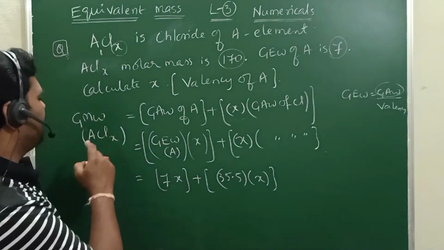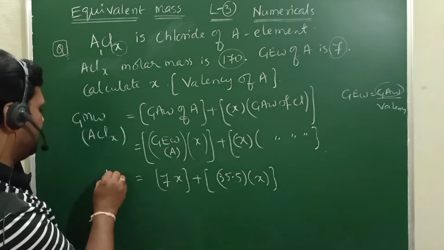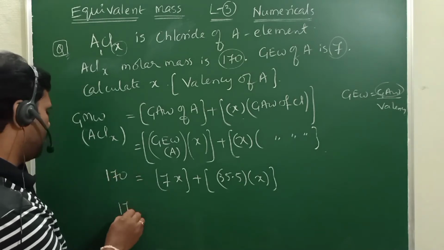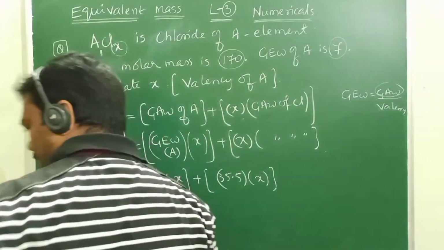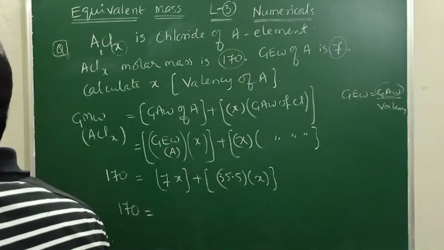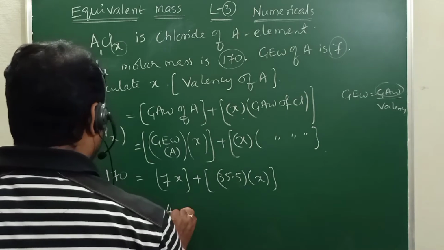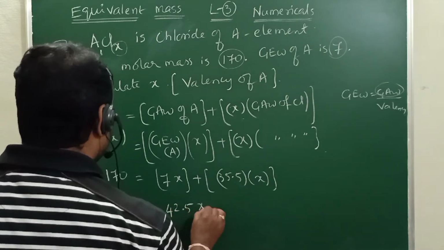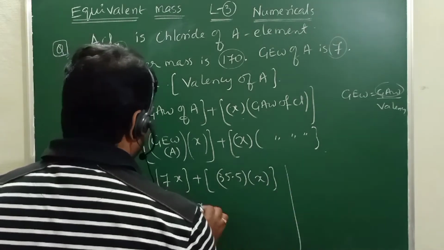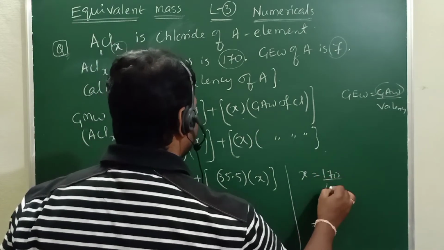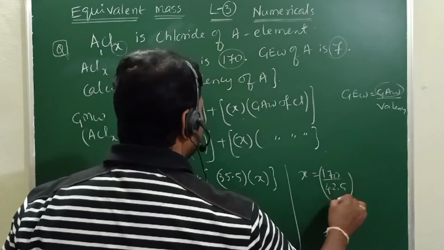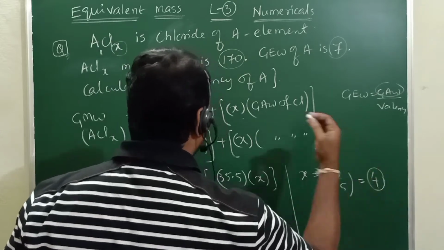But gram molecular weight of AClX is given as 170. Therefore, 170 is equal to 35.5 plus 7, that is 42.5X. Now if you divide, X is equal to 170 divided by 42.5. So you will get 4.